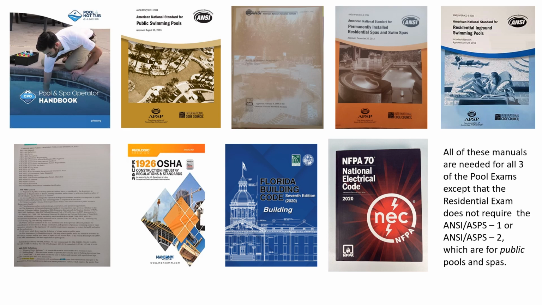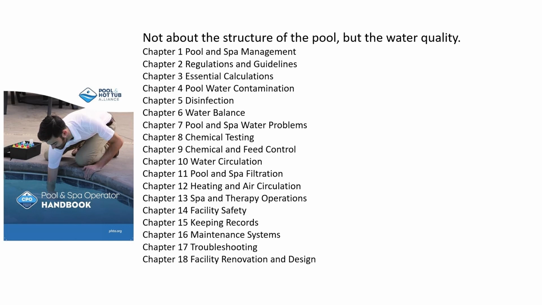Now, I know you may have some other books, but these are the ones that are pretty much going to apply to all three exams, so we're going to look at them first. The only exception is that the ANSI 1 and the ANSI 2, being public pools and spas, don't apply to the residential.